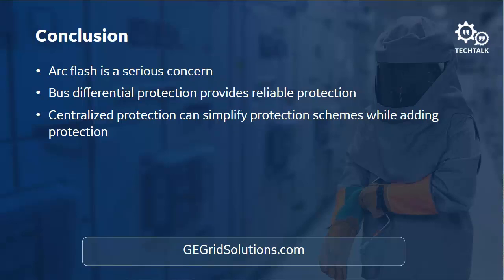Which is faster, current monitoring or light? Strictly monitoring for light is going to be faster because the first thing that happens when an arc flash occurs is a large amount of light.